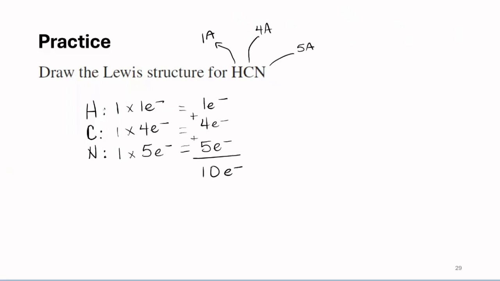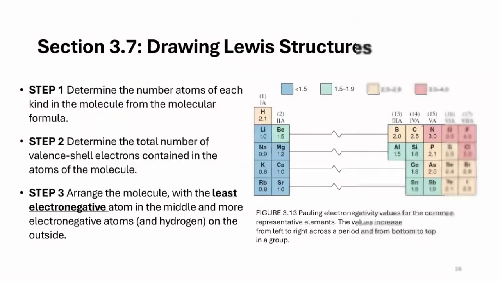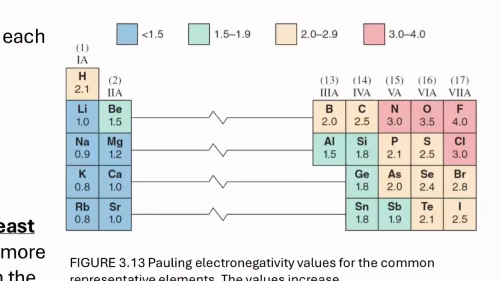Then looking at the periodic table and looking specifically at the electronegativity values, when I compare hydrogen to carbon to nitrogen, I see that hydrogen is the least electronegative.